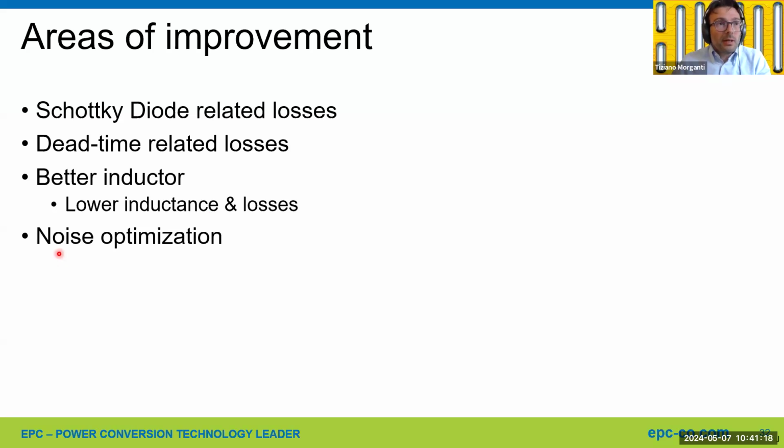Noise is a pretty good result, but can be improved. For example, the input stage on the motherboard and also on the modulator board is not super optimized for low noise.